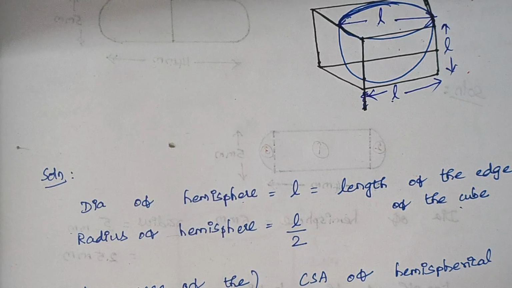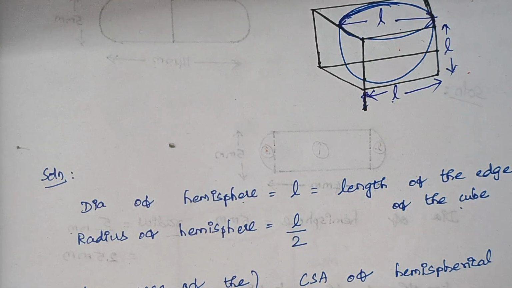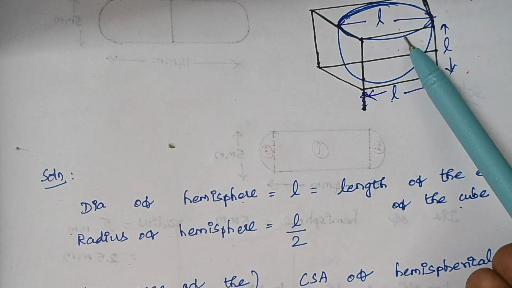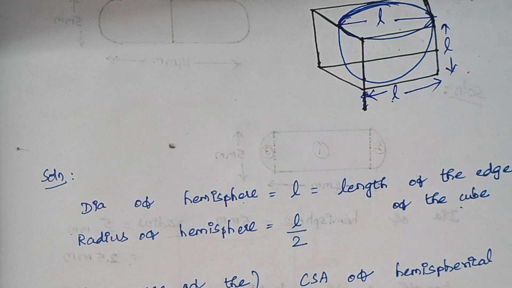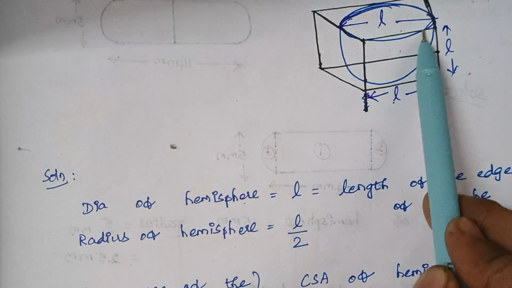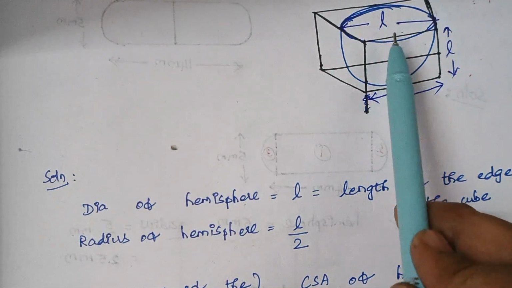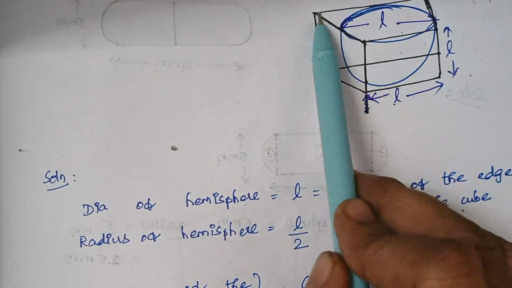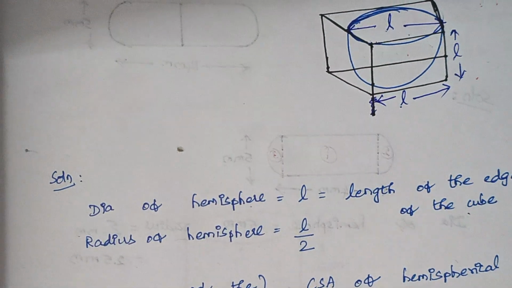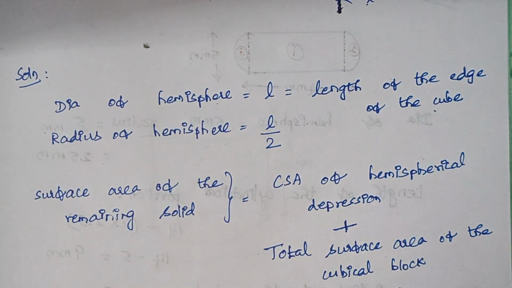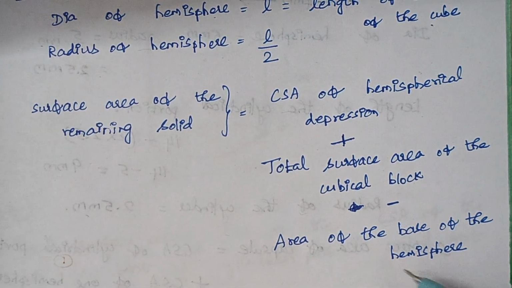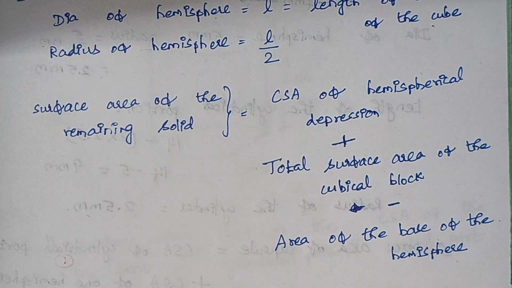Now we are going to find the surface area. As I told, we have to find the surface area of the cube and the surface area of the hemisphere. While calculating the surface area of the cube, this portion of the hemisphere should be eliminated. So the formula is: curved surface area of the hemisphere plus total surface area of the cube minus area of the base of the hemisphere.